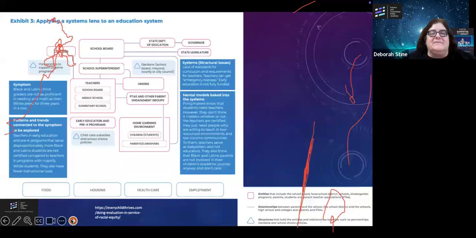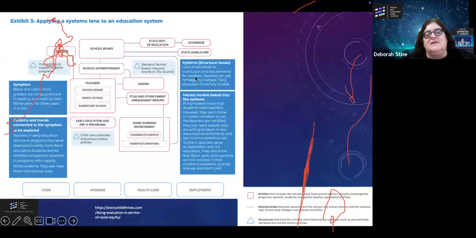Here's an example of a systems lens for a school activity. And you'll see here that the symptom is that Black and Latino third graders are not as proficient in reading and math. They're looking at the trends, saying that the teachers that serve these students are not certified compared to teachers in programs with majority white students.